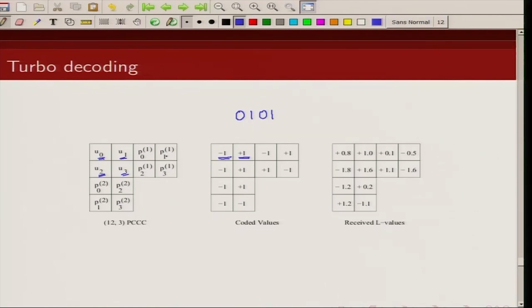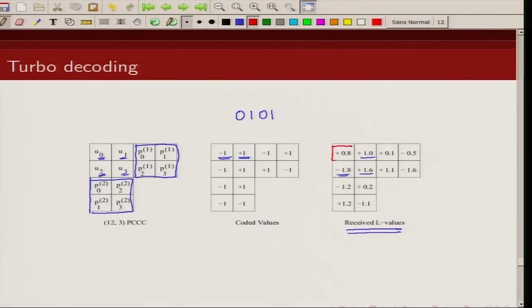These are the corresponding parities for this information sequence from encoder 1, and these are the corresponding parities from encoder 2. Now, what I have here are the received values. You can see here, this was transmitted as plus, I received a plus; this was transmitted plus, I received a plus; this was transmitted -1, this was a minus, but here the sign has changed.